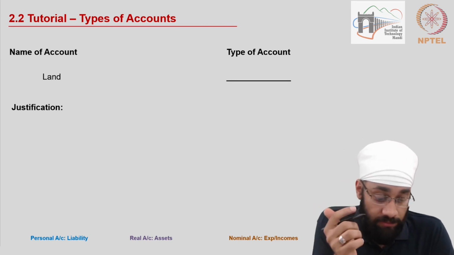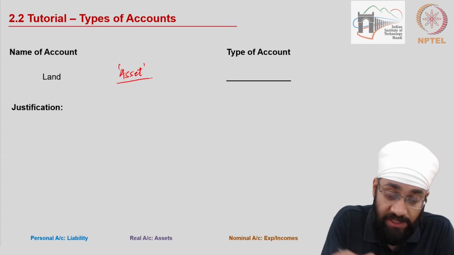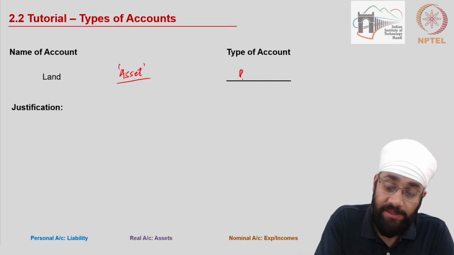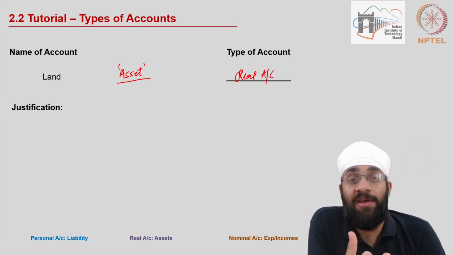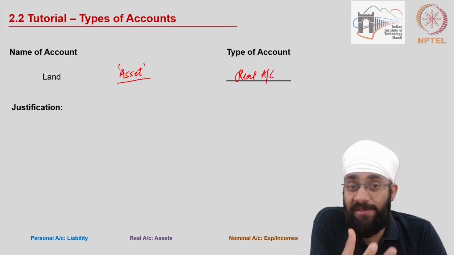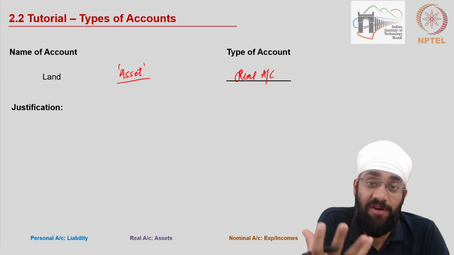Next up is land. Land, clearly we know, is an immovable asset, a fixed asset, or a tangible asset. All assets are real accounts. Again, if you were in the real estate business, the different pieces of land that you own, you want to resell those, so you will consider that as a stock.